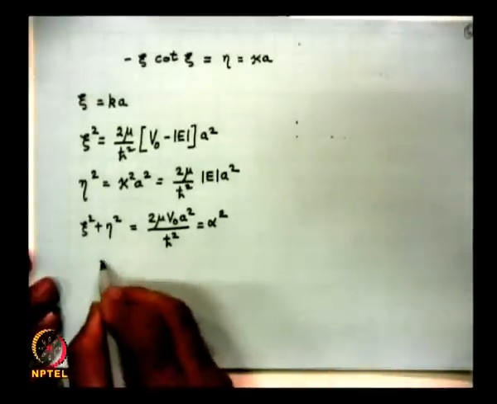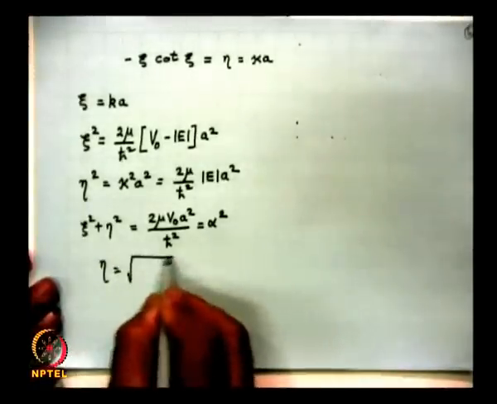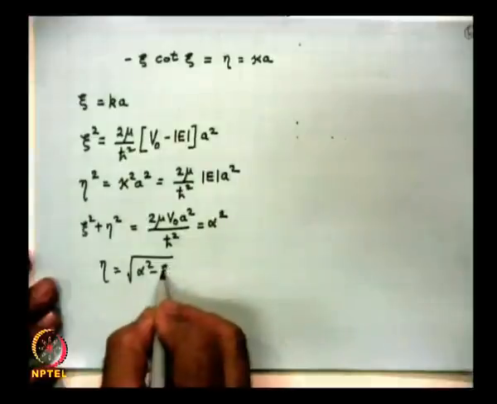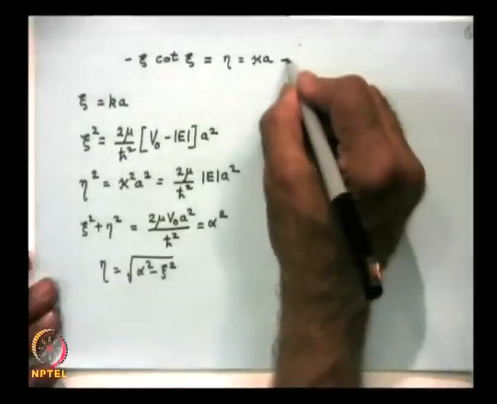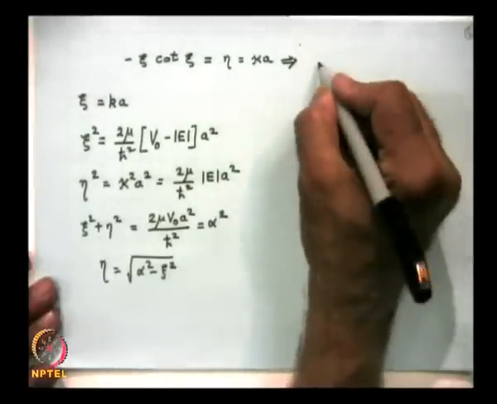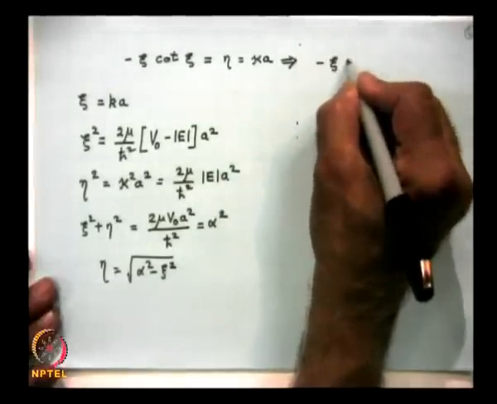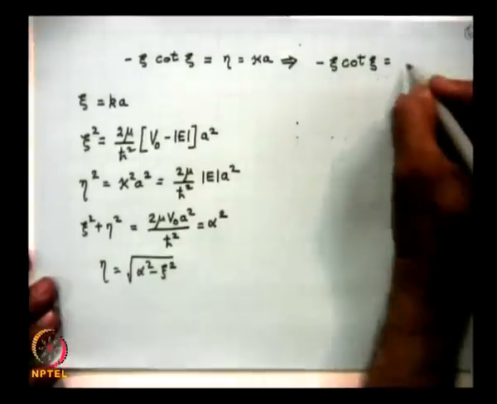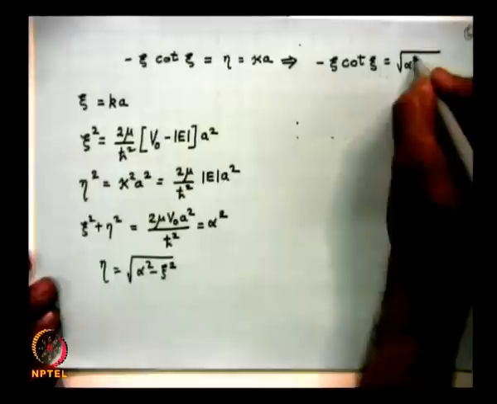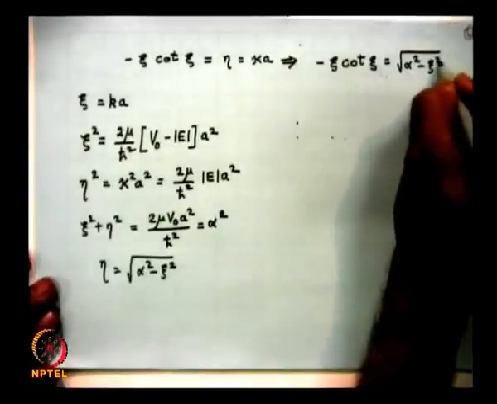So, my eta is equal to under root of alpha square minus xi square. So, this equation becomes the following transcendental equation: minus xi cot xi is equal to under root of alpha square minus xi square.